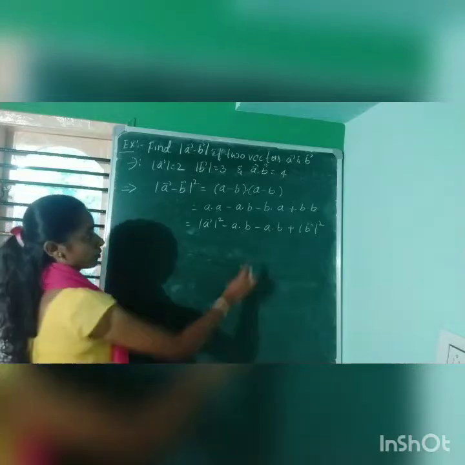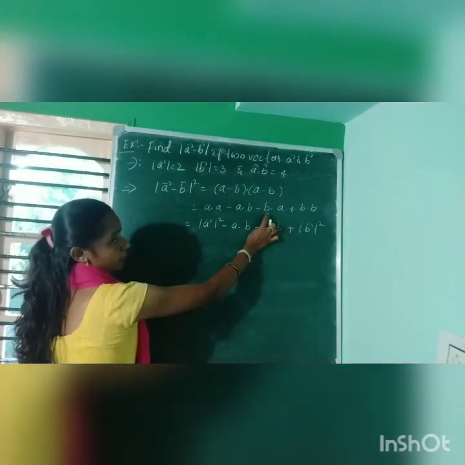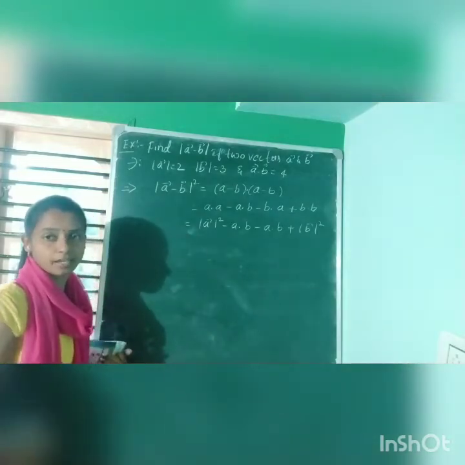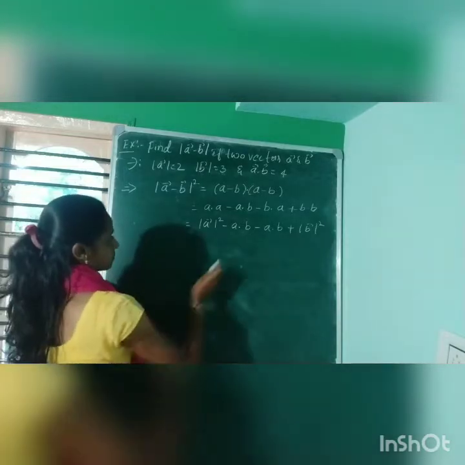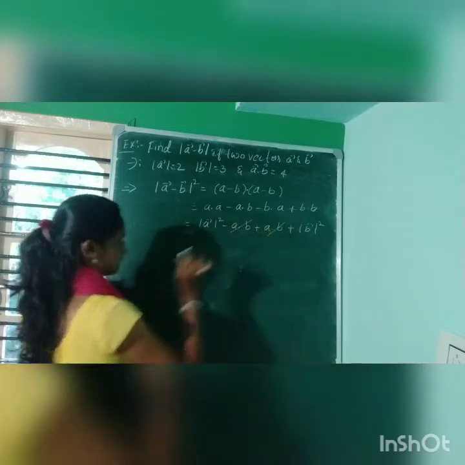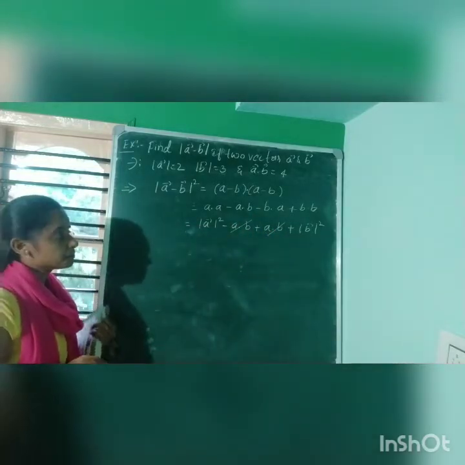You may know this. Why? Because a dot product is commutative. A dot B can be written as B dot A. It doesn't make any difference here.